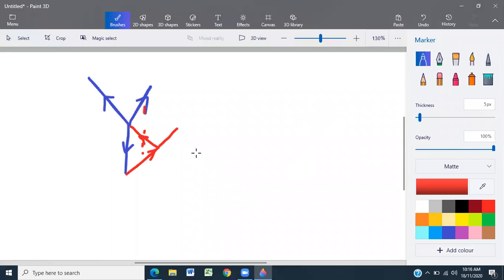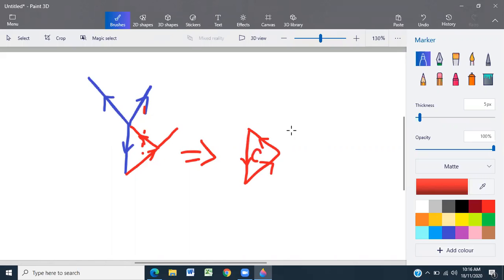So that would look something like this. As I said, three forces in equilibrium, the directions are usually like this. So it's like head to tail, right? Just going around clockwise or anti-clockwise.